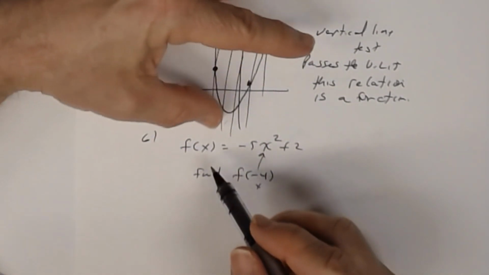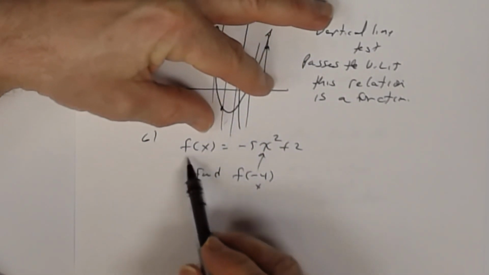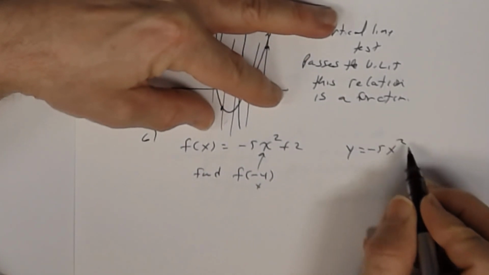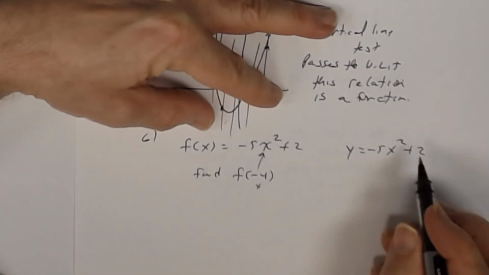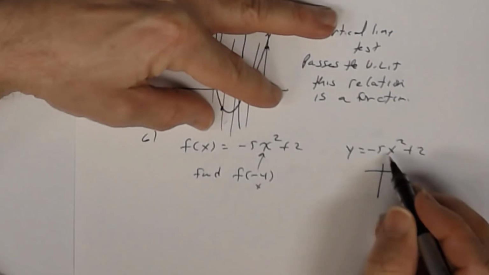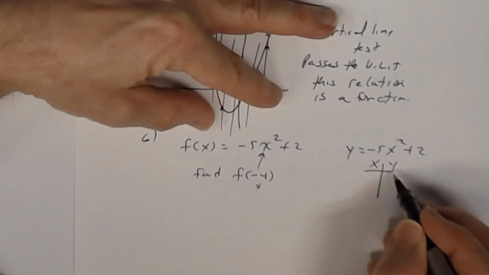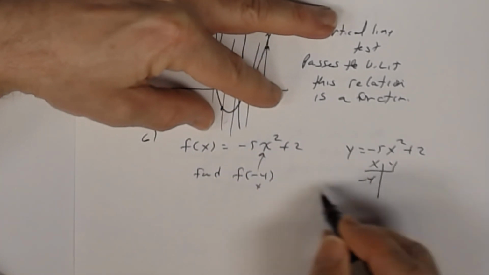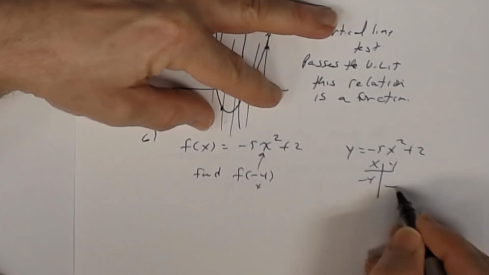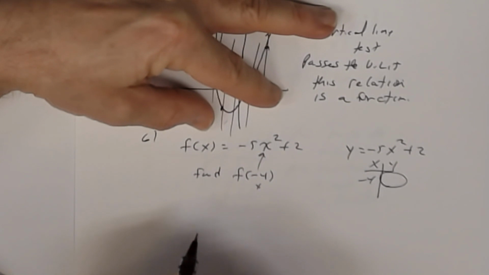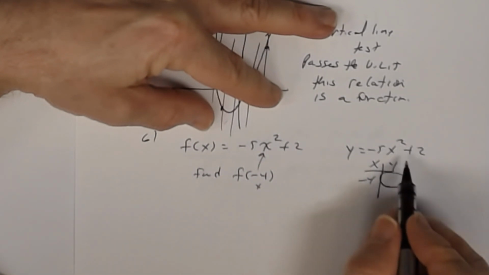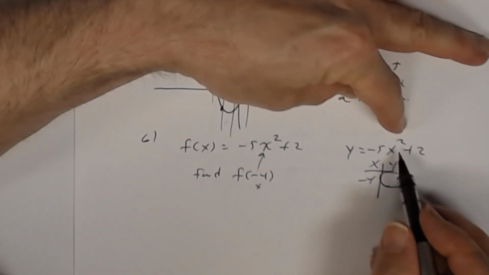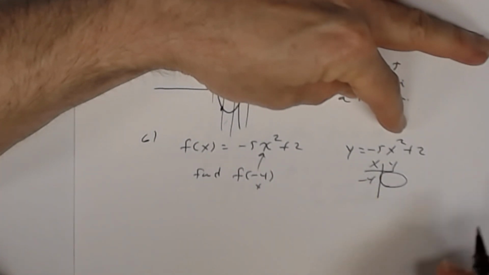Now remember, in our lessons, you learned that f of x is y, so this means the same thing as y equals negative 5x squared plus 2. And basically, you used a t-table in the past. So what this means is this: when x is negative 4, what is the y value? That's the question. So you said, to find the y value, if I let x be negative 4, in place of x I'm going to substitute negative 4.